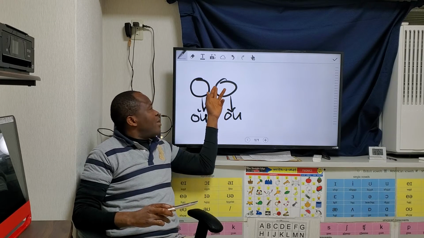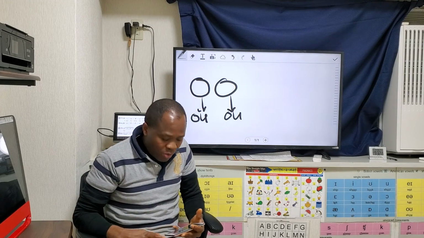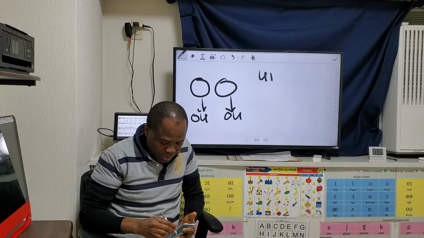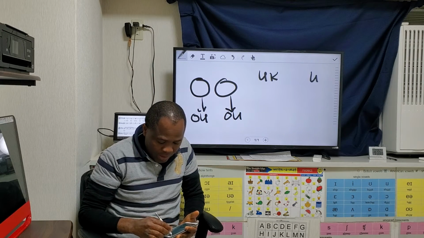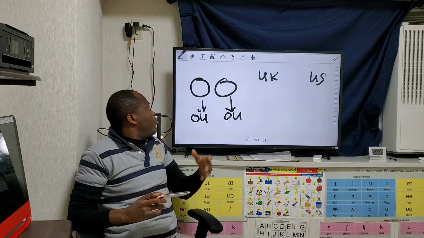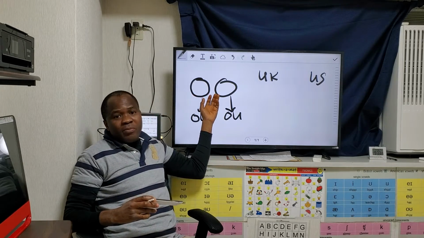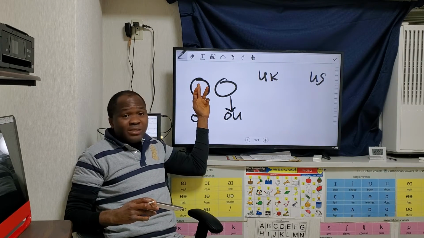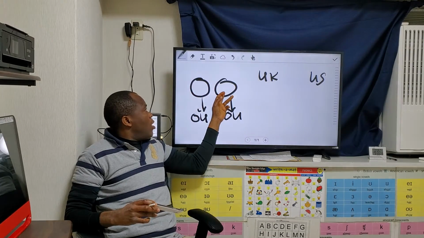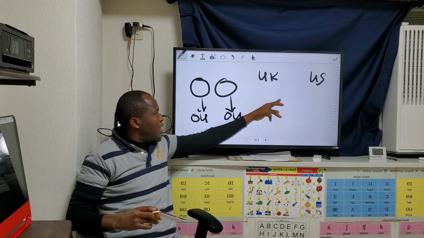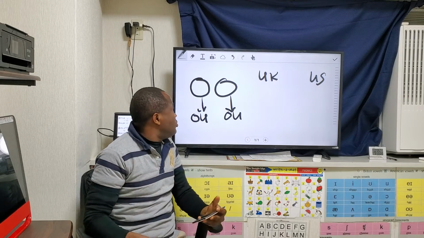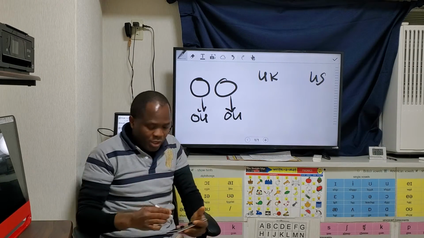So we said this is our grapheme. But we want to know, in American English, UK versus US, how do we represent these two letters making a single sound? So under UK, let's start with the UK.